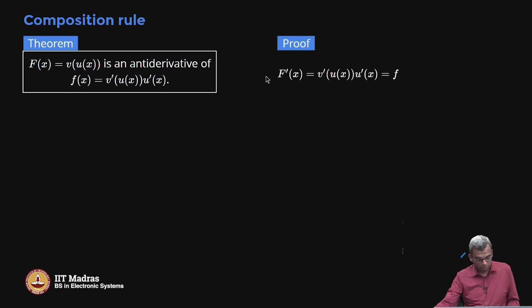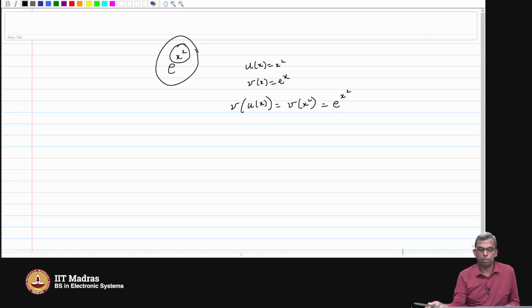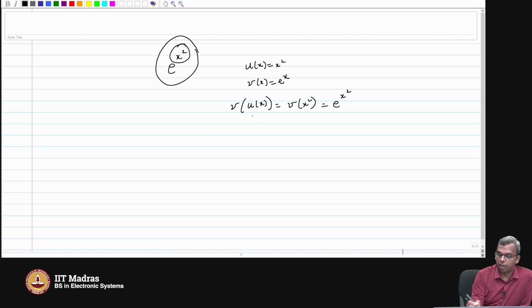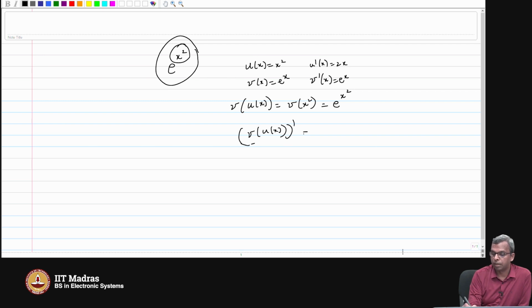If you go back to my composition here, my v prime of x is e power x, and u prime of x is 2x. The derivative of v of u of x will be v prime of u of x times u prime of x.